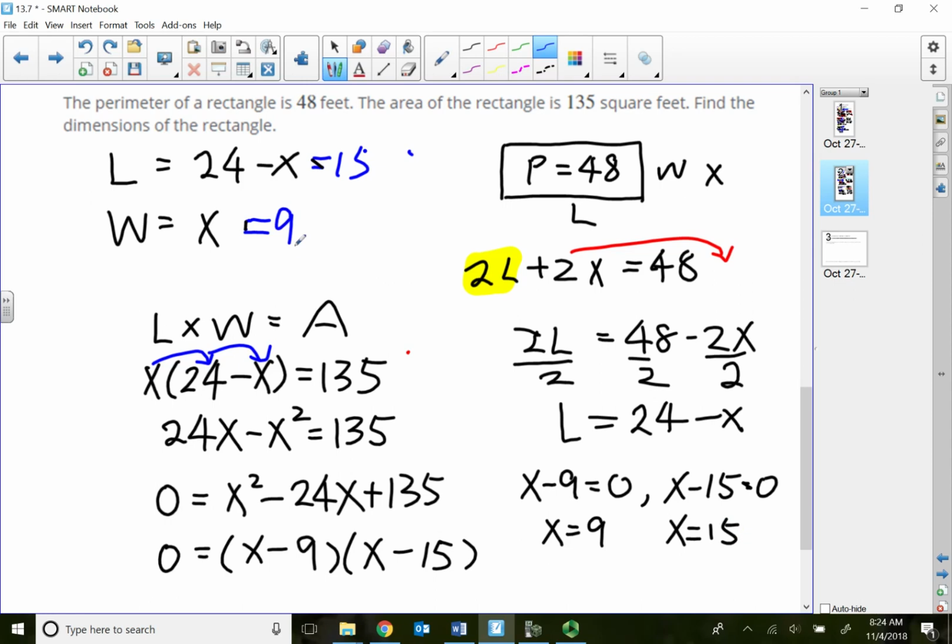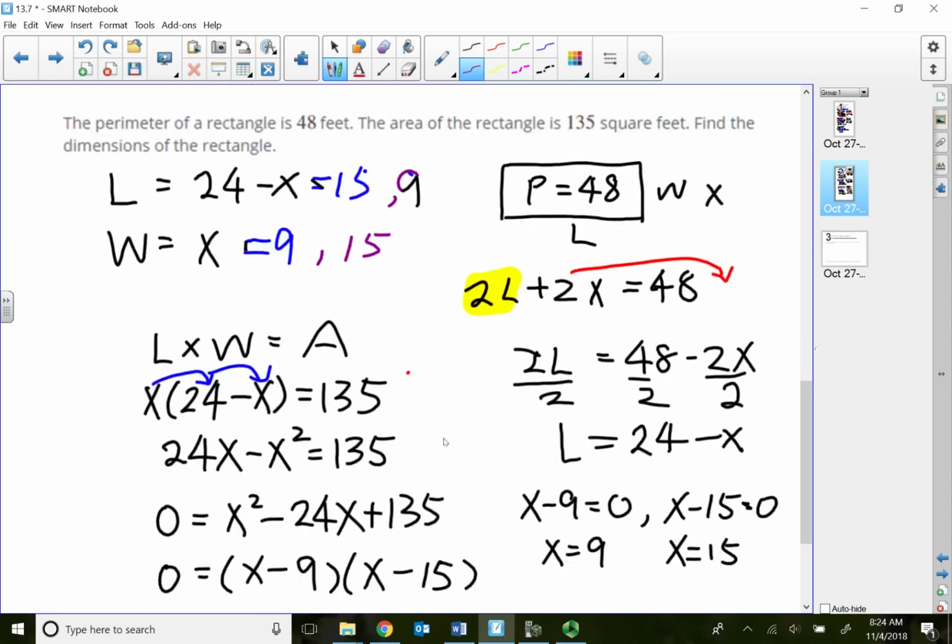If I say the width is 15, then 24 minus 15 will be 9. So even though it looked like I have two sets of answers, I actually only have one set, because the two sets are exactly the same answer. So either way, my length and width got to be 15 and 9, regardless of which way I'm looking at them.